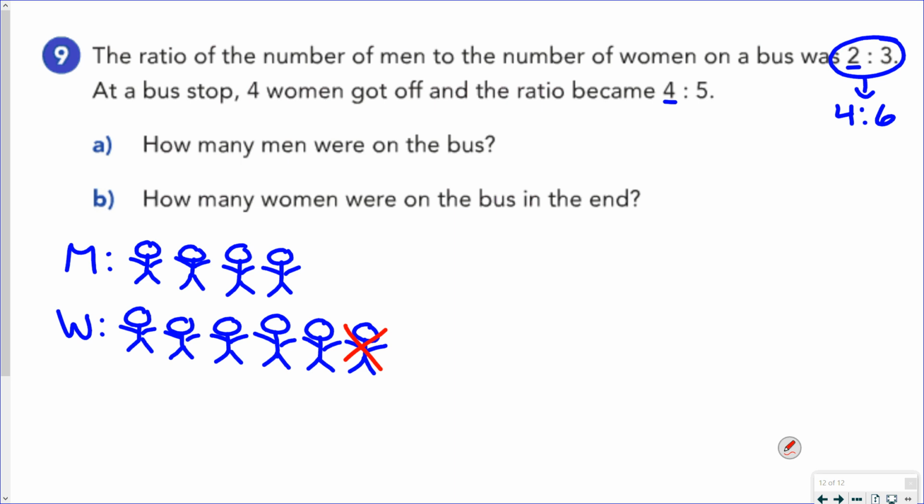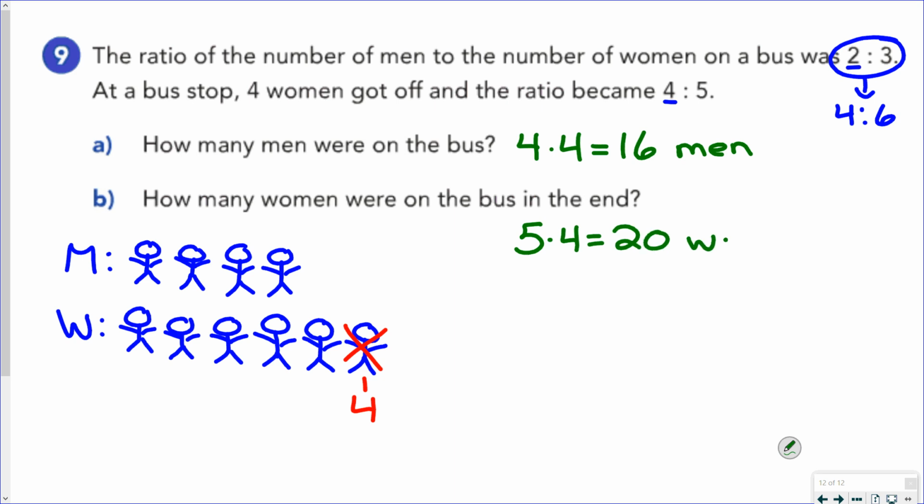That one set is equal to 4 women. So to find how many men there were on the bus, we take 4 times 4 to get 16 men. And how many women were on the bus in the end? There are 5 sets, 4 in each set, for a total of 20.